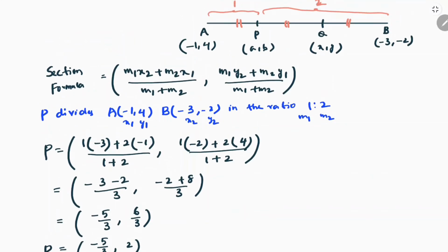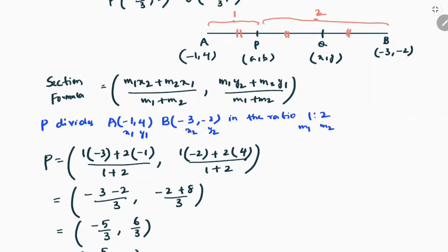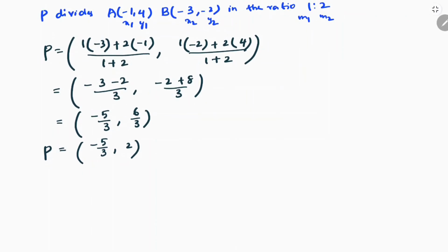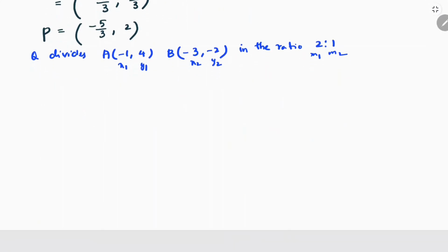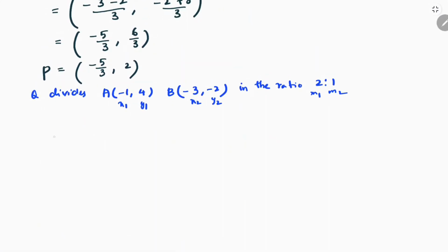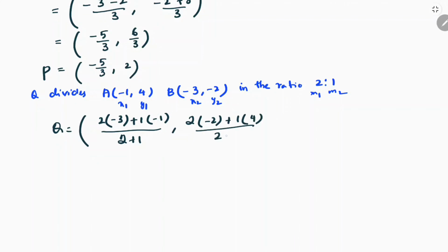Now Q: Q divides AB in the ratio 2:1, with A(x1, y1), B(-3, -2), and m1, m2 as 2 and 1. Now I need to find Q. So (m1 x2 plus m2 x1) by (m1 plus m2), (m1 y2 plus m2 y1) by (m1 plus m2).